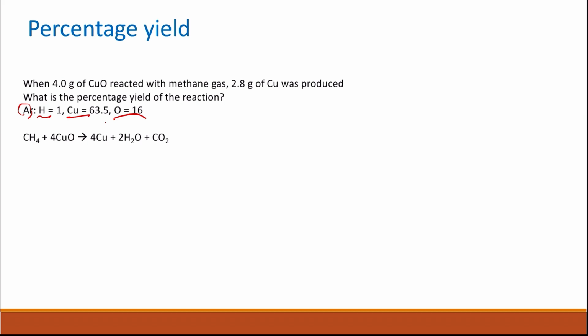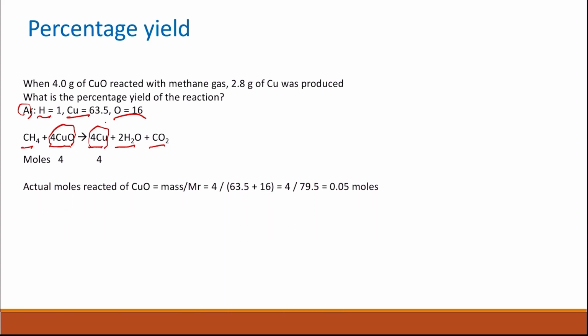So in this reaction, 1 mole of methane reacts with 4 moles of copper oxide to give you 4 moles of copper, 2 moles of water, and 1 mole of carbon dioxide. In this reaction, you can see that 4 moles of copper oxide will give you 4 moles of copper, so equimolar. Now we need to find the actual moles of copper oxide that reacted.